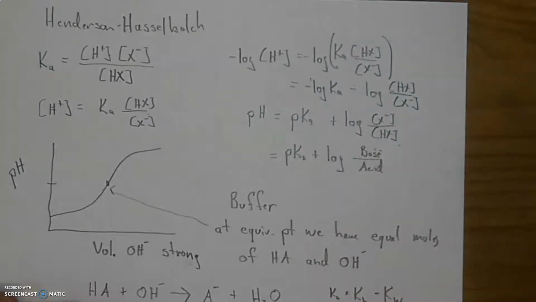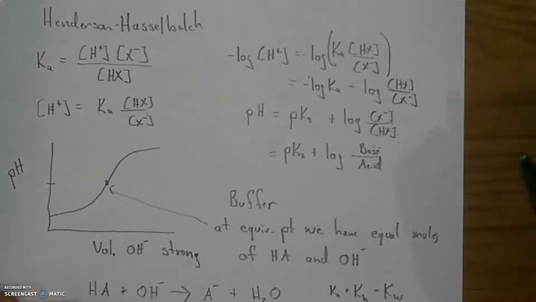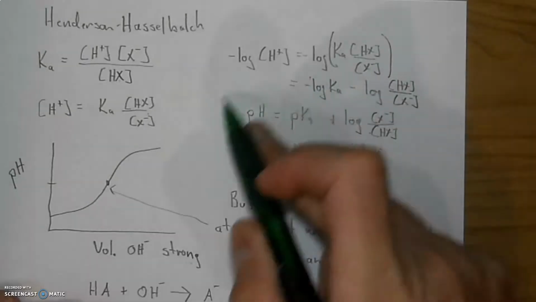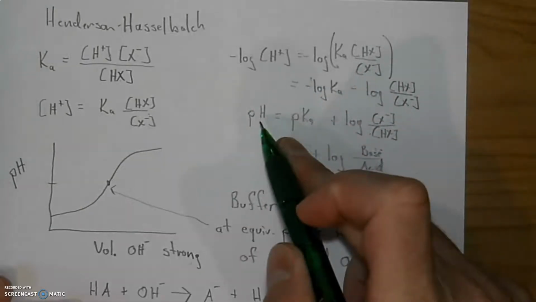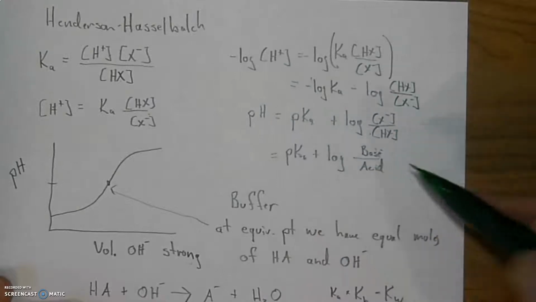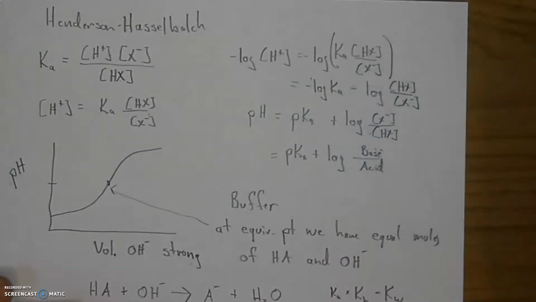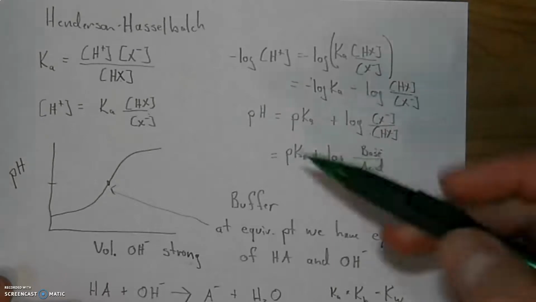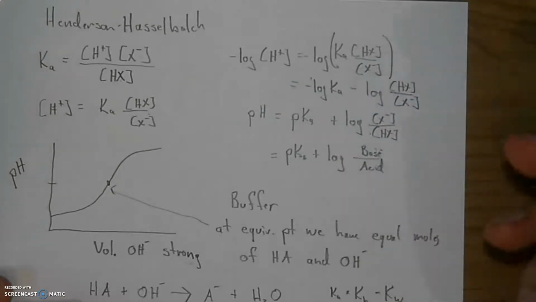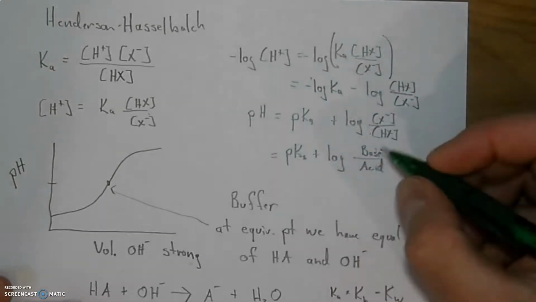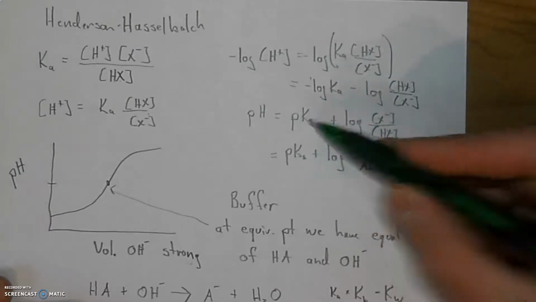That is a classic AP question where they don't give you the pKa, but they give you other information, and they're telling you to utilize this equation. If I can figure out the pH, and I know I have equal portions of acid and conjugate base, I know what the pKa is. Therefore, I can do the whole anti-log thing to figure out what the Ka value is.